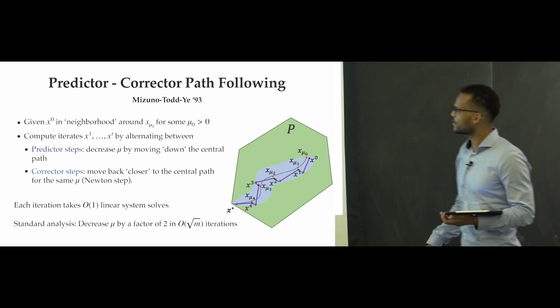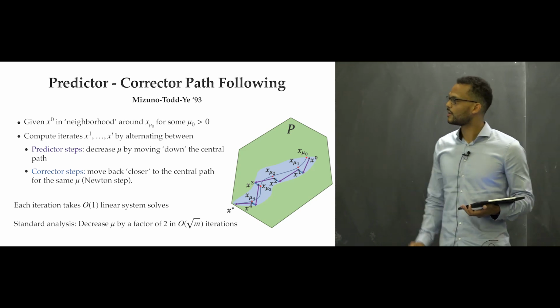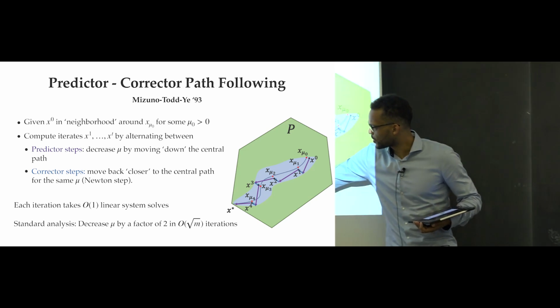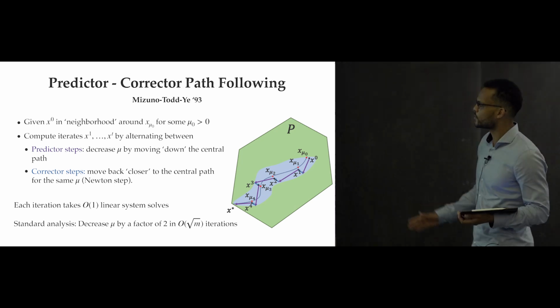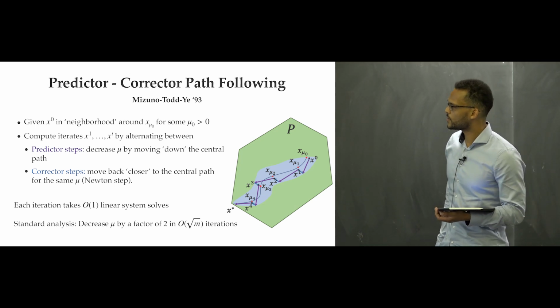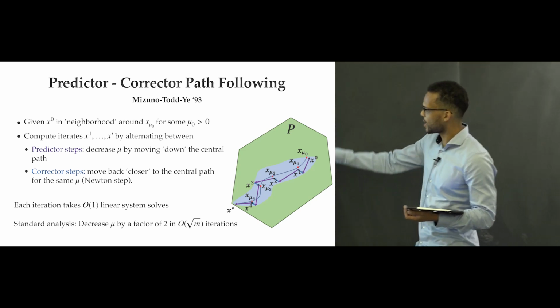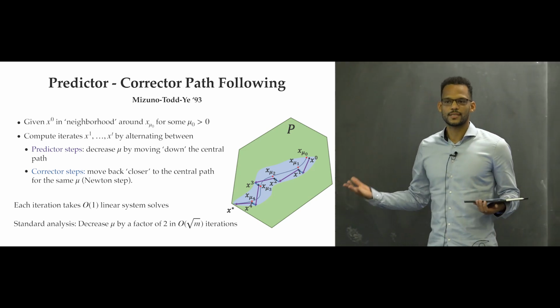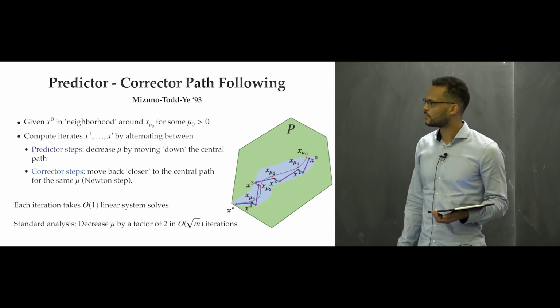It turns out that you can follow this path efficiently, where efficiently means within root number of constraints many iterations, you can reduce the optimality gap by a factor of 2. So very efficiently, you can reduce the optimality gap to a very small epsilon, say. But that, again, doesn't give you an exact solution, only a small epsilon error.